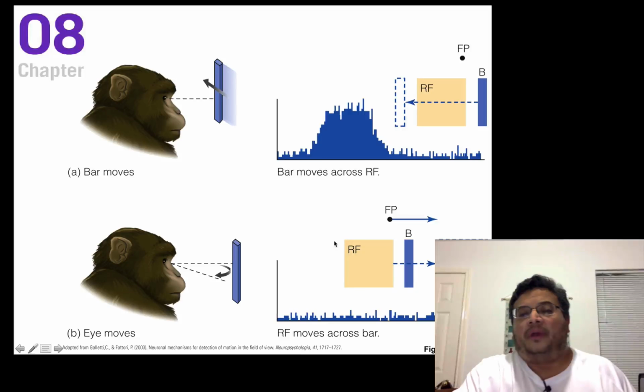If, however, the monkey is fixating on this and the whole landscape moves, so the fixed point moves and this moves as well, there is no firing. In other words, this is what happens when the monkey's eyes are sweeping across, looking from right to left and left to right. There's no signal being generated, which gives us some support for this corollary discharge theory.